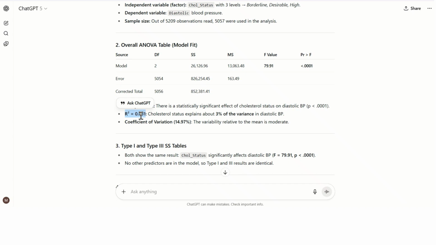R square here is 0.03, very small, which means that only 3% of the variability in diastolic blood pressure is accounted for by cholesterol. Small, but it is significant, meaning that cholesterol does affect your diastolic blood pressure, although only by a small value, that is 3%.